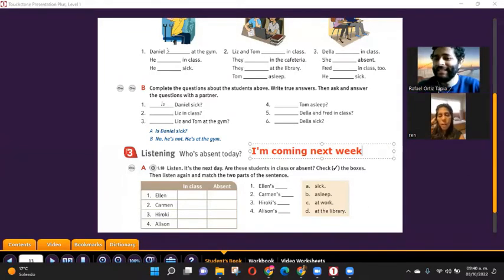Voy a llegar la siguiente semana. Ese futuro. Curiosamente, coming es ese verbo en particular. Si tú lo dices así con ing, I'm coming, es voy a llegar o llegaré la siguiente semana.